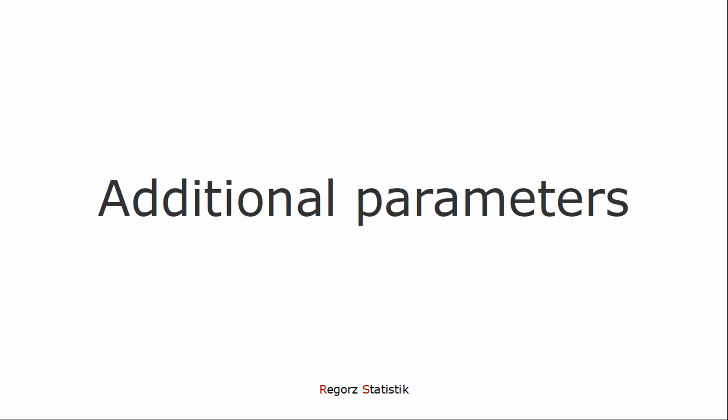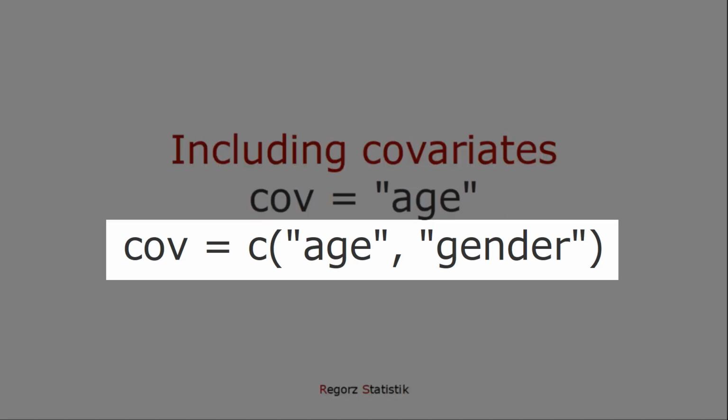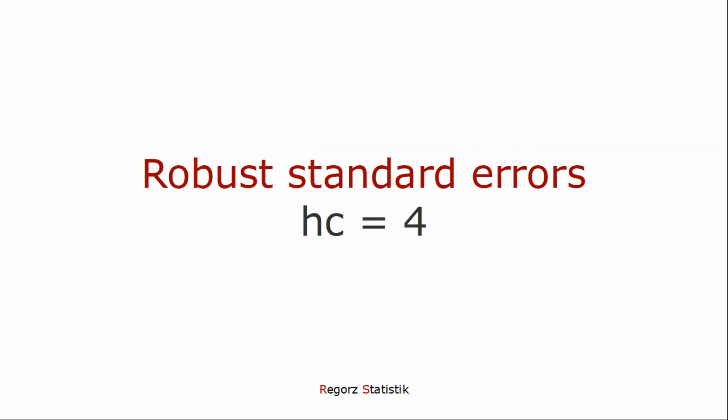In addition to this syntax, there are other parameters that can be useful. In the example, I have included one covariate, but you can include more than one covariate. In this case, you have to bind the covariates together with a C operator. You could request robust standard errors with the HC parameter.